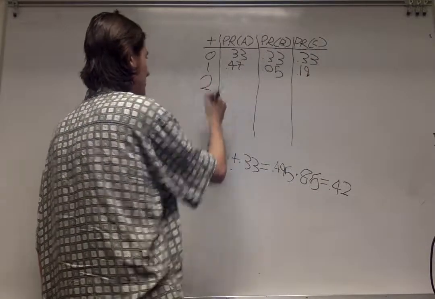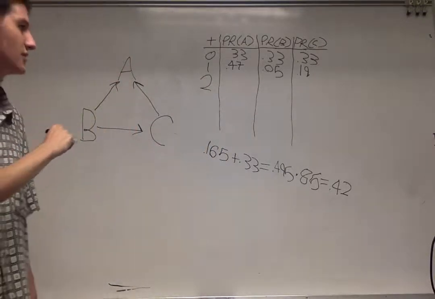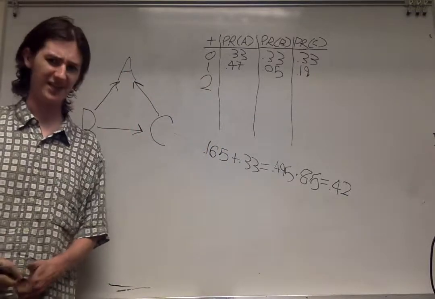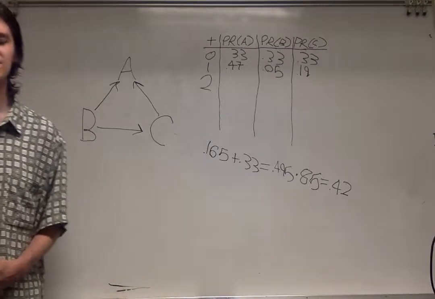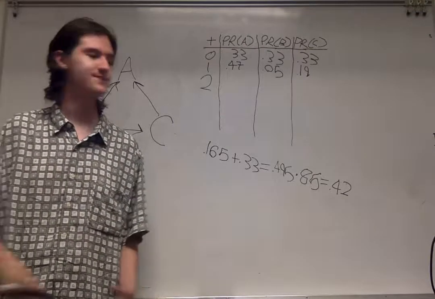Now we can keep going, but already we see that there is this ranking having been established. I'd like to go through one more time step just to make sure we've got the idea down of what we're doing.